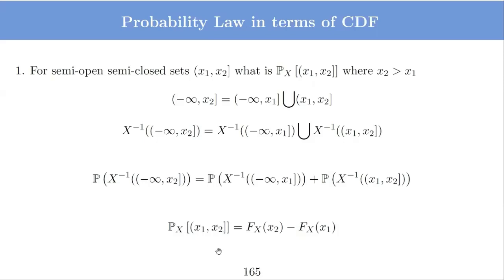So what this statement generally means is that the probability law on (x1, x2] is the probability corresponding to a small interval, while the CDF at x2 is the probability calculated on minus infinity to x2. So if you take that set and remove minus infinity to x1, you only get the probability corresponding to x1 comma x2.